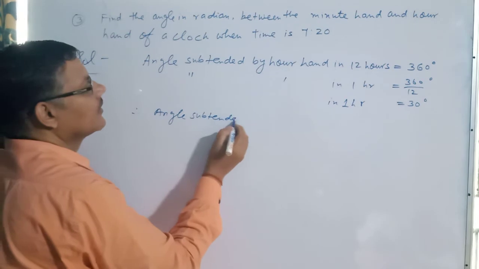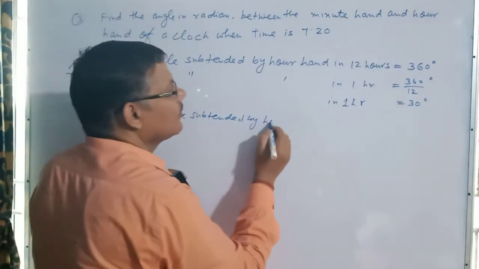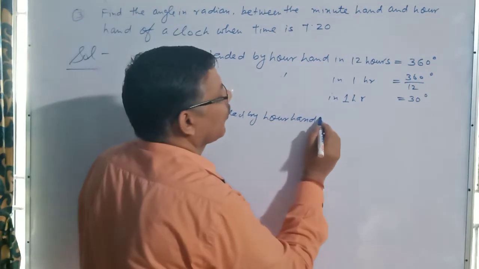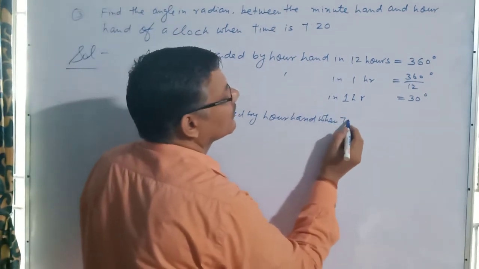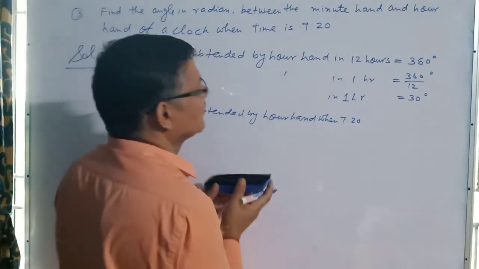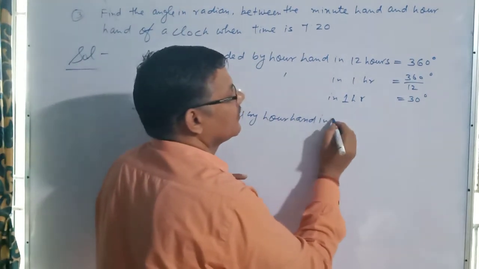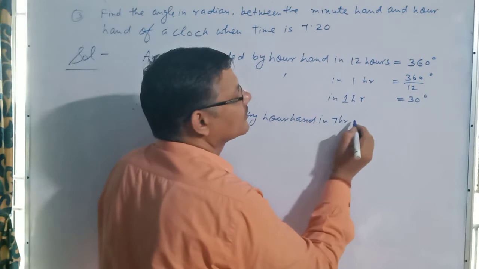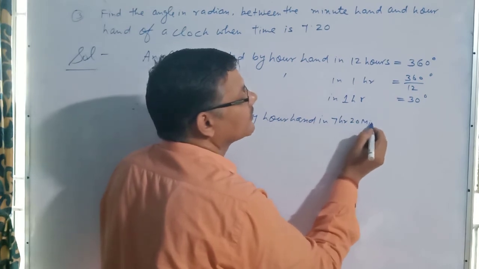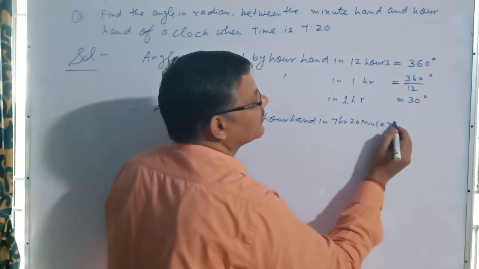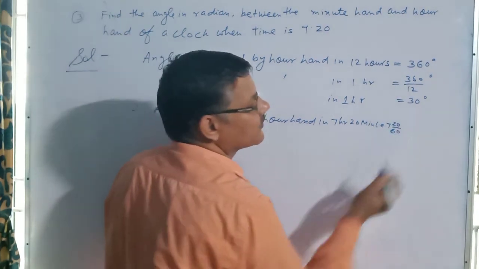Therefore the angle subtended by the hour hand at 7:20, that is 7 hours 20 minutes, is 7 and 20 by 60.